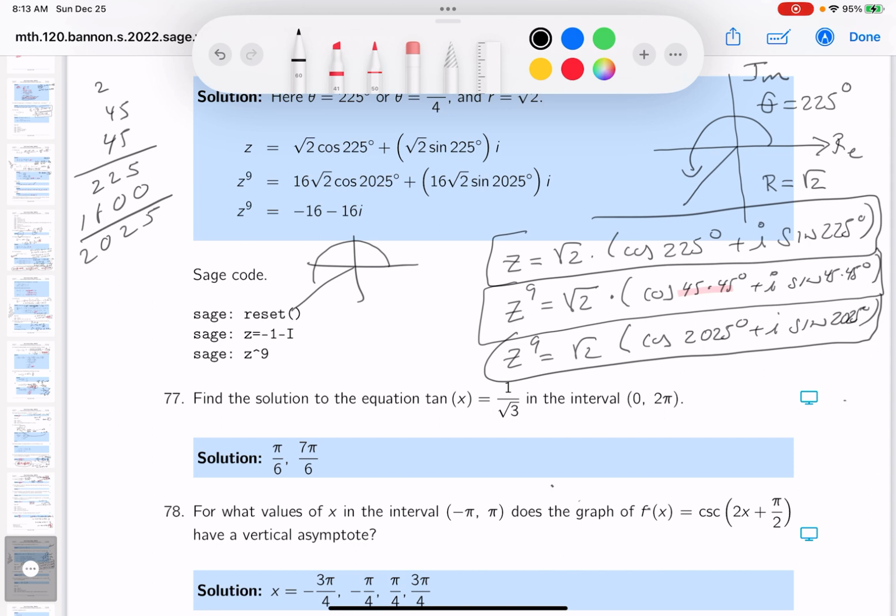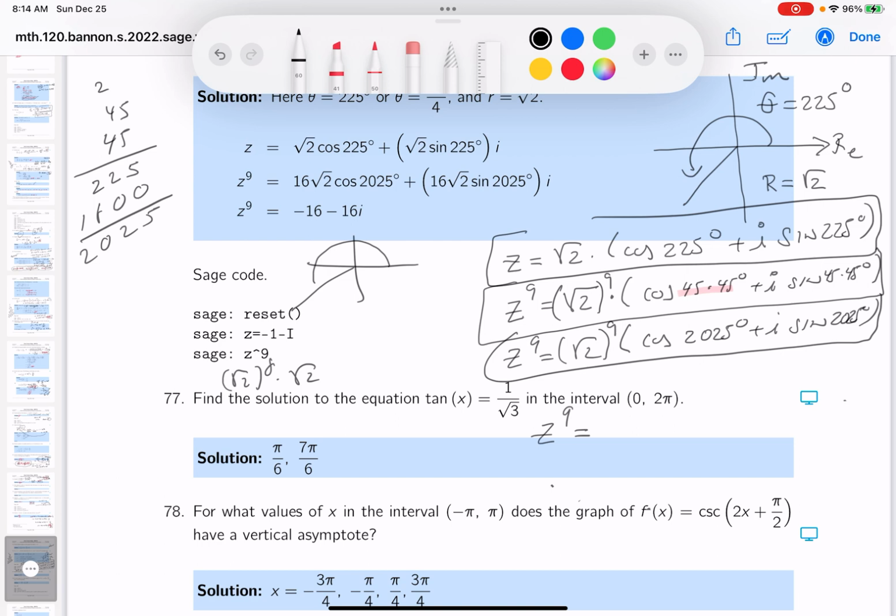Oh, by the way, I forgot to put something over here. This is to the 9th power. I can write this down now. So Z^9, well, root 2 to the 9th power. Root 2 to the 8 times root 2.